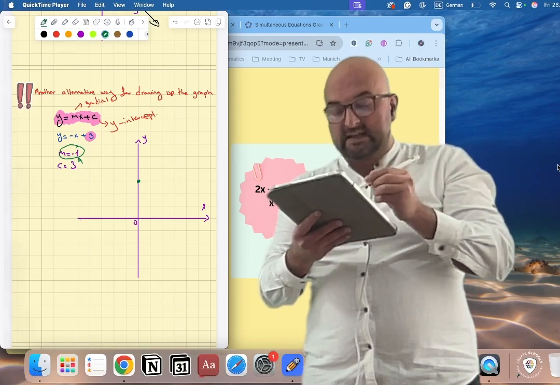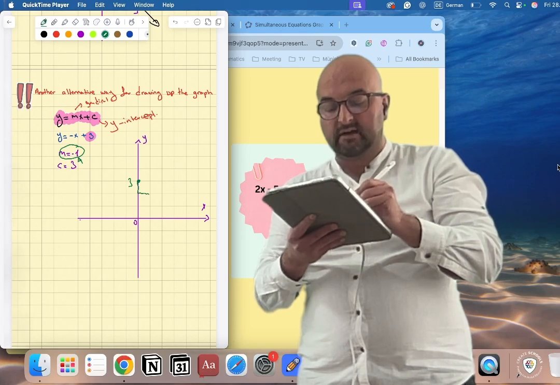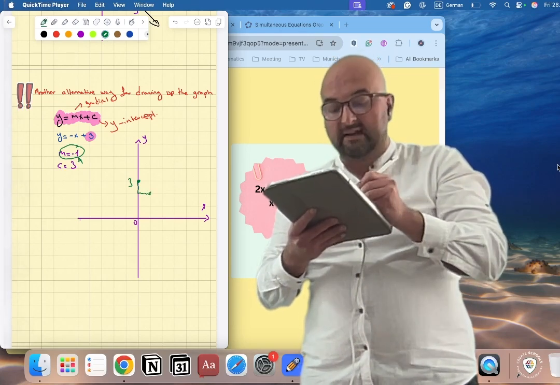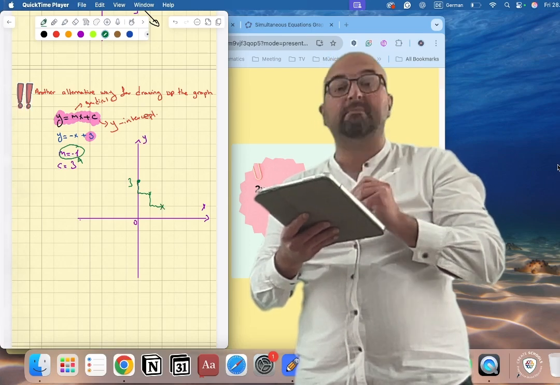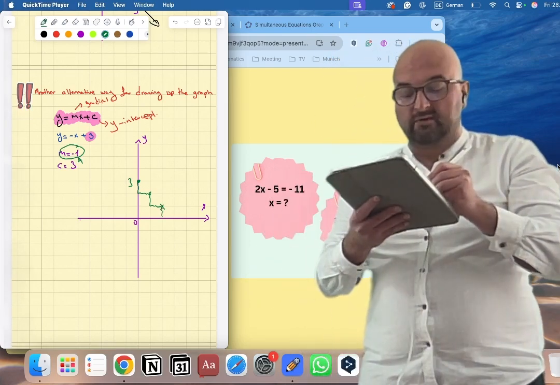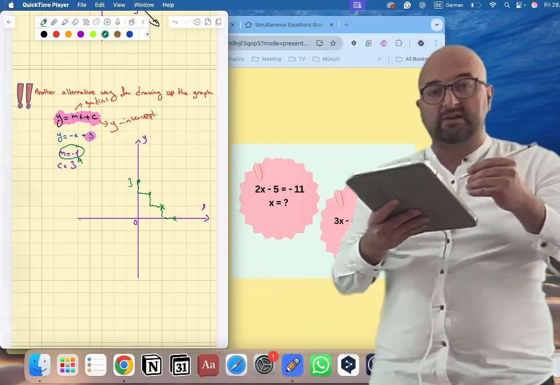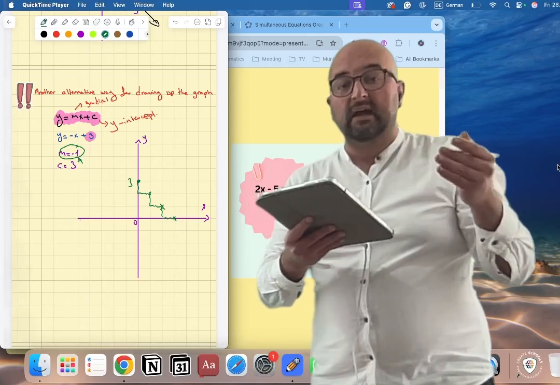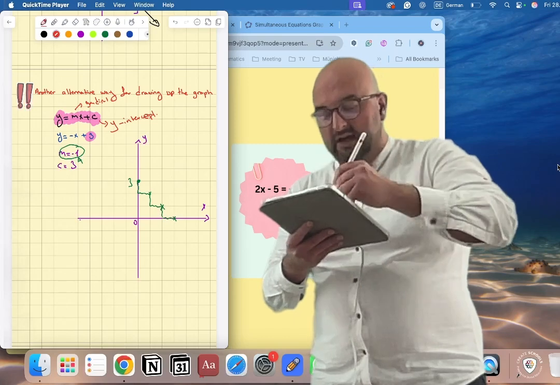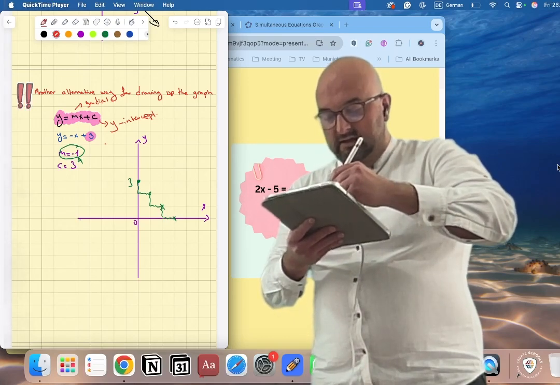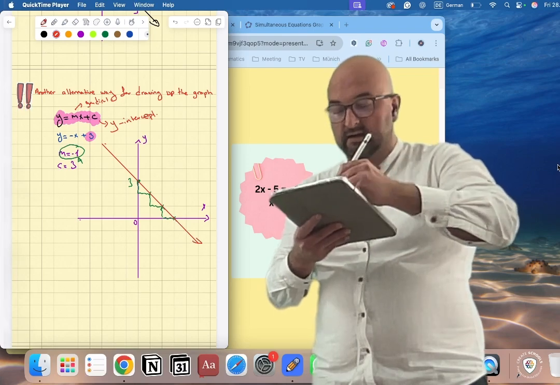So our gradient is negative 1. So 1 point down, 1 point right, and then mark this point. And 1 point down, 1 point right again, and mark this point again. 1 point down, 1 point right again, and we can mark this point. You can keep going to find all the points, but as I said to you, 2 points is enough. And then I can draw the straight line which meets all points here.